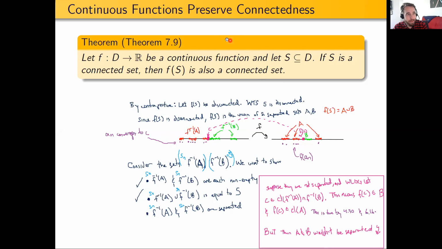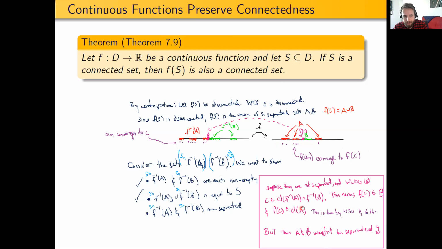In other words, these f of a sub n's must converge to f of c by the sequential criterion of continuity, by 6.16. And then by using 4.30 again, we have found a sequence in the set A that converges to f of c. Therefore, f of c must be in the closure of A.